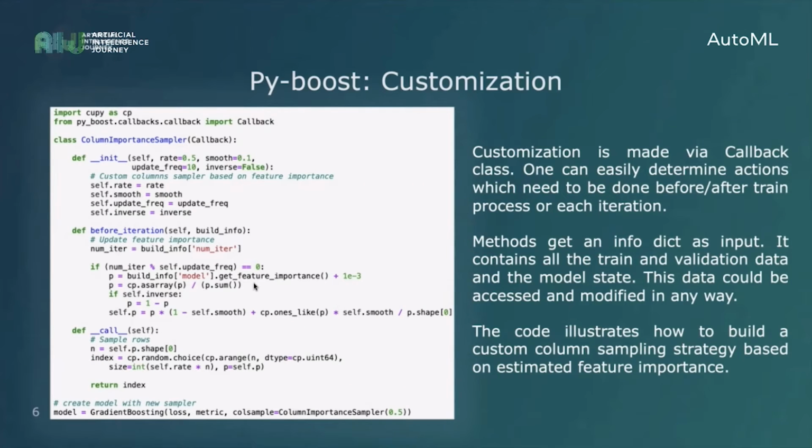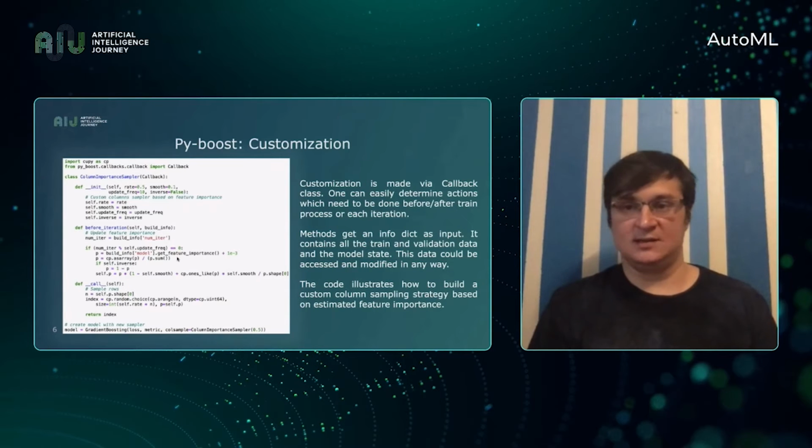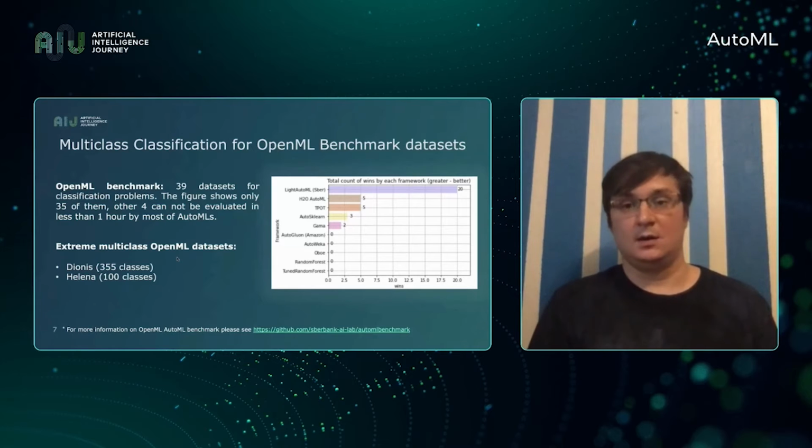You can see an example of code that describes customization with proportional importance of features in the ensemble. This strategy should not work on every data set for sure, but we can try, why not?